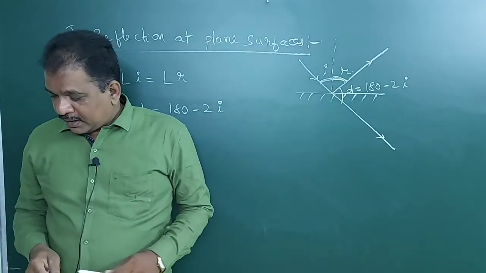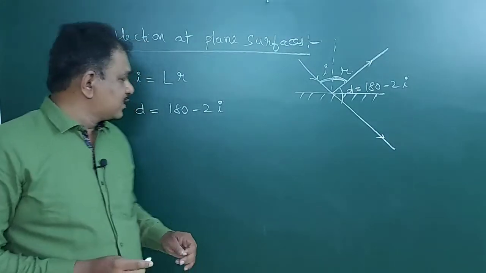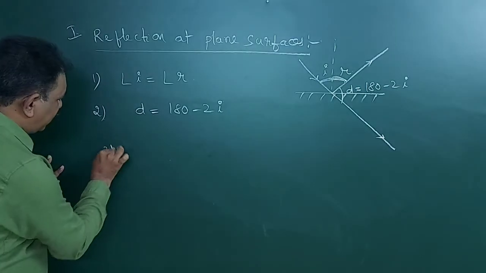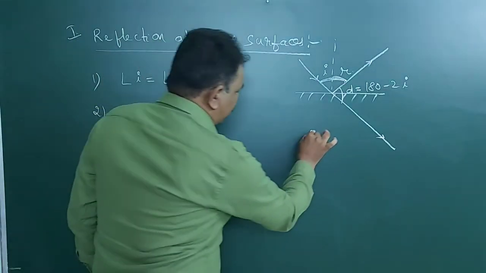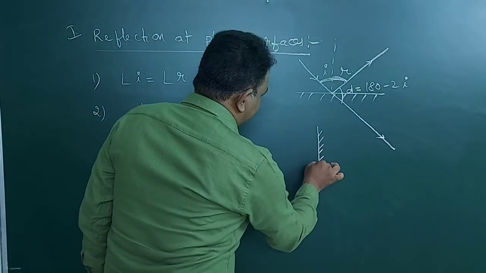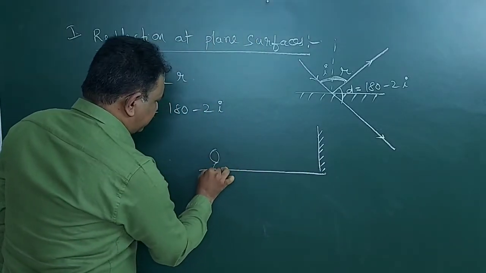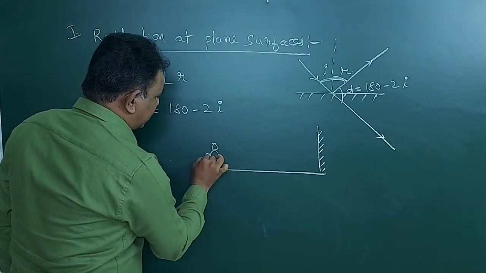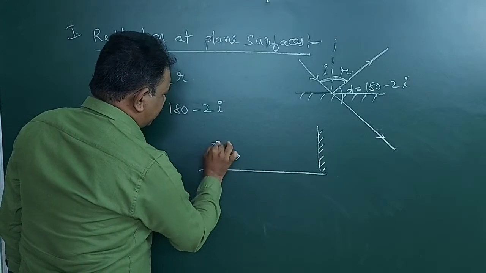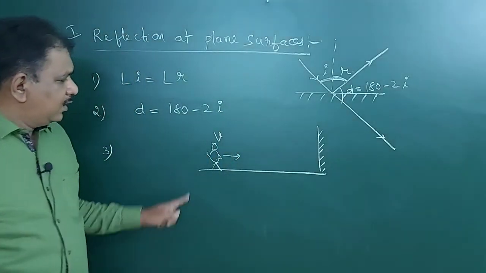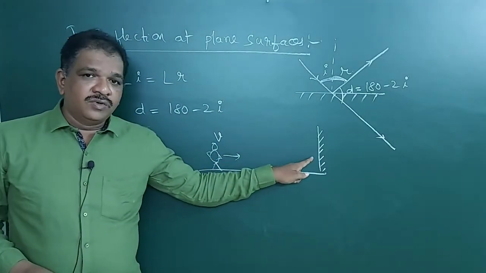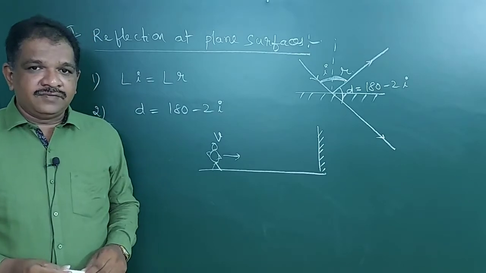Okay. Next, some applications we will discuss in this. For example, here one mirror is there. A person is moving towards the mirror with velocity v.